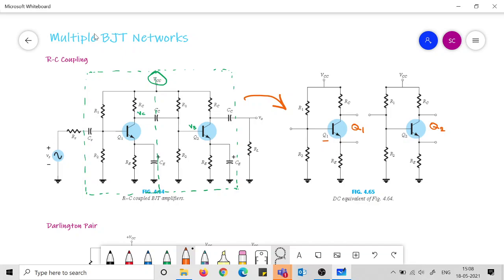The values of these resistances will set the DC levels of these two voltage divider configurations. Now you can see here it is R1, R2, RC, RE are the same here, but you can consider them to be different also. There is no problem. So the DC levels will change.